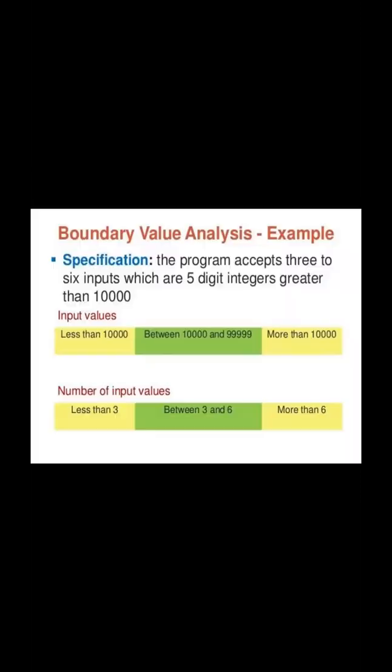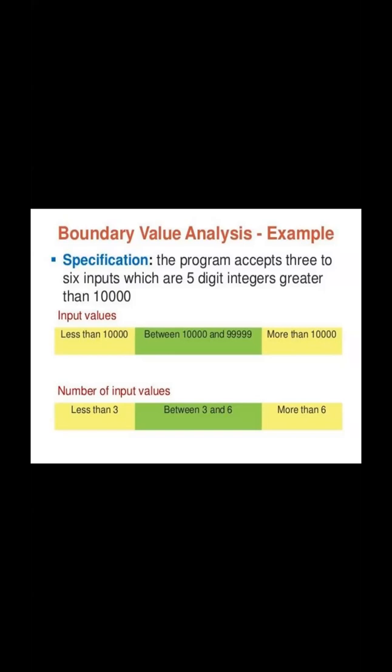From this example, we can easily identify: the program accepts 3 to 6 inputs, each of which is a 5-digit integer greater than or equal to 10,000. The minimum 5-digit value is 10,000, and the maximum 5-digit value is 99,999.